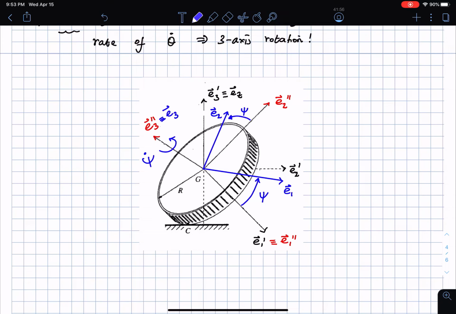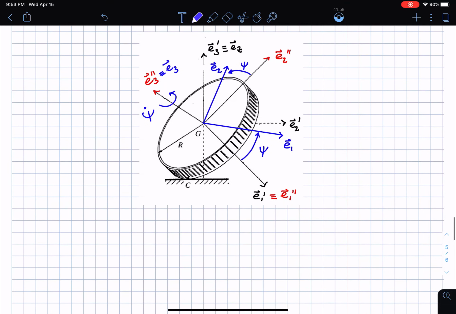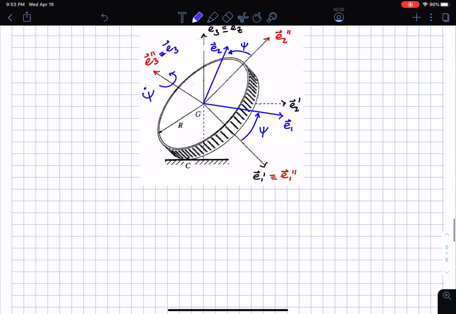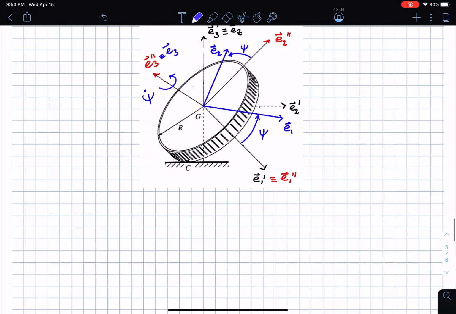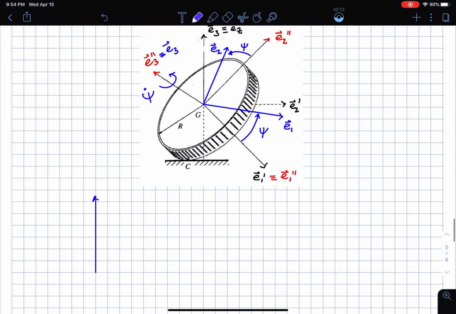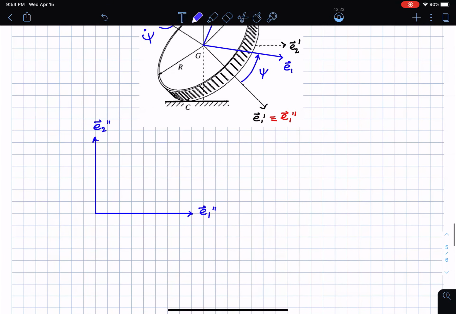Okay, and if you want this from a two-dimensional perspective, then essentially here is what the situation is. So if I draw E, let's say this is E3 prime and E2 prime, this is E2, then this is E1 double prime. Okay, this is E1 double prime, this is E2 double prime, and then I have E3 double prime, which is coming out of the page here.